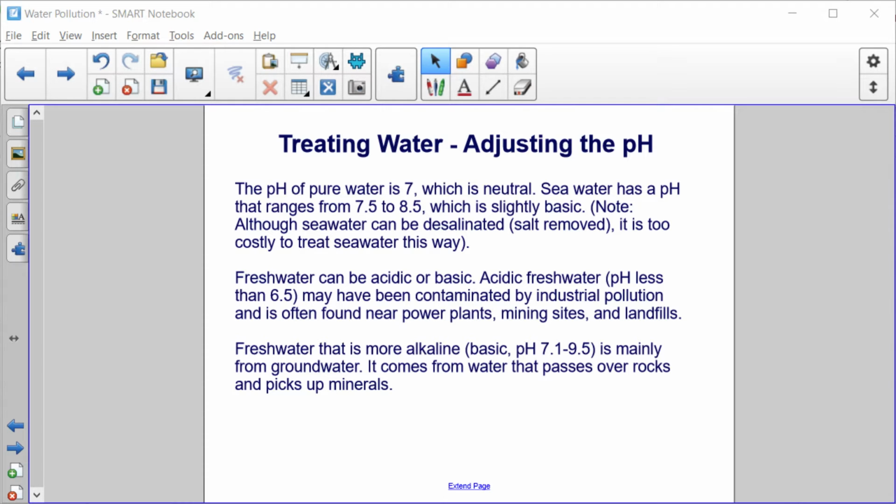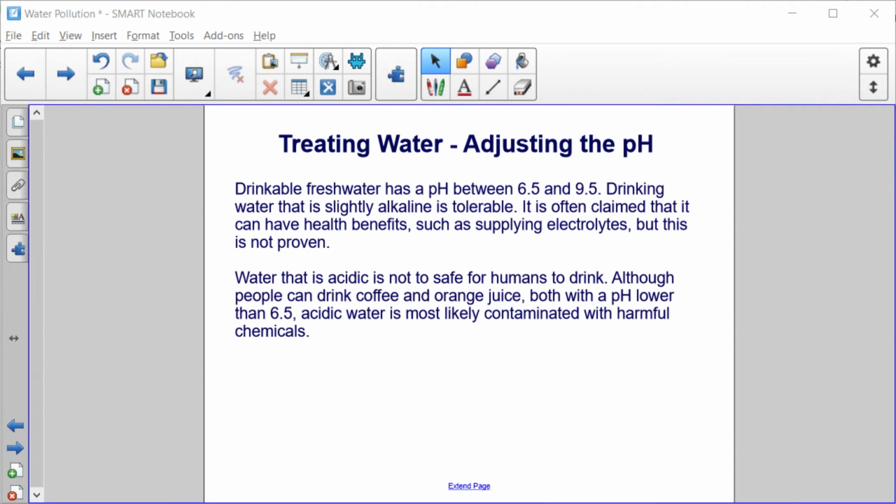Acidic freshwater with a pH of less than 6.5 may have been contaminated by industrial pollution and is often found near power plants, mining sites, and landfills. Freshwater that is more alkaline or basic with a pH between 7.1 and 9.5 is mainly from groundwater. It comes from water that passes over rocks and picks up minerals.